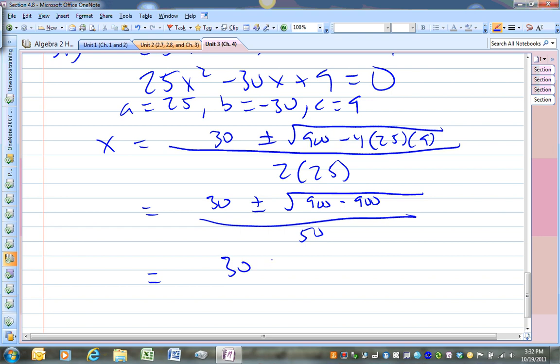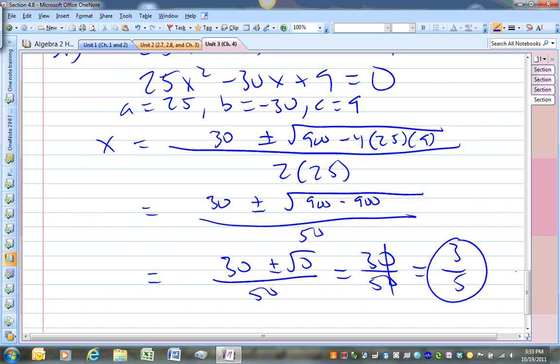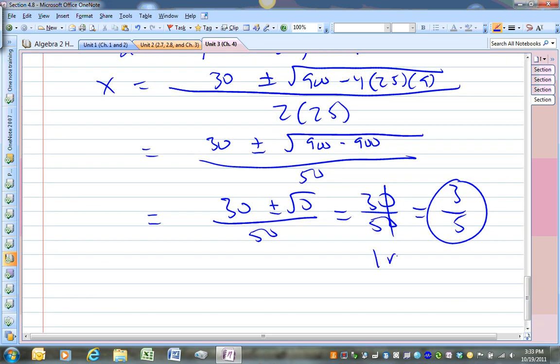So that just goes away. So you get 30 over 50. Those cancel, so you just get 3/5. Notice how we only got one real solution.